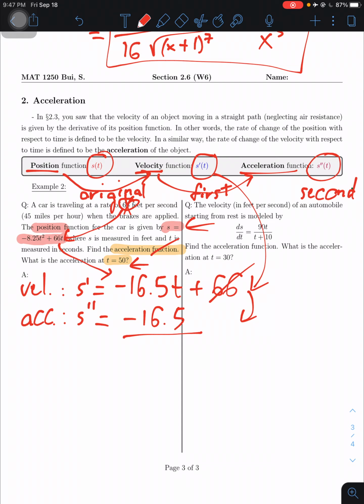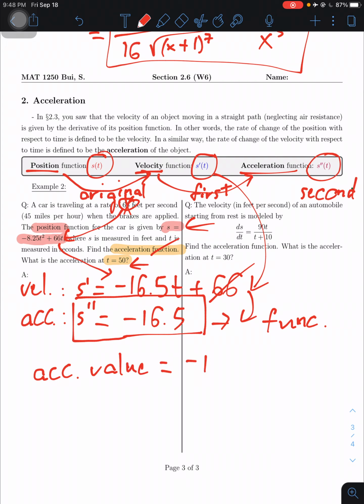For the function, the acceleration equals negative 16.5, and this is the acceleration function. For the value, when we plug in t equals 50, the acceleration value equals negative 16.5.